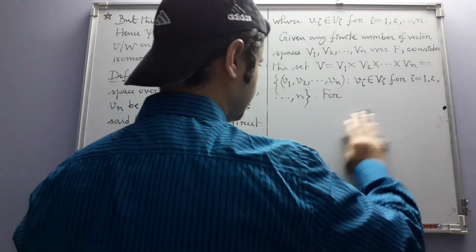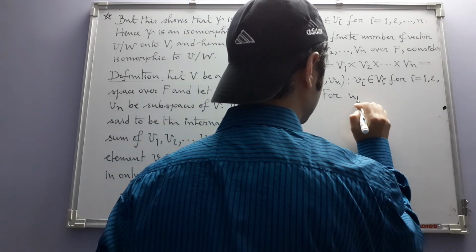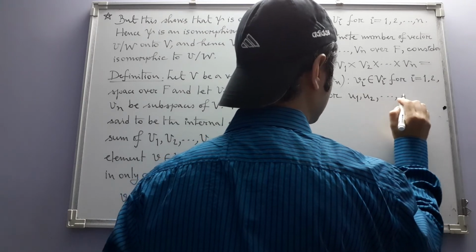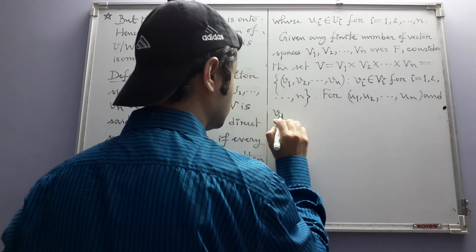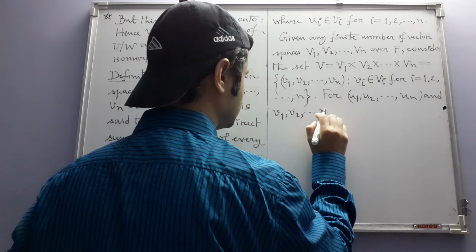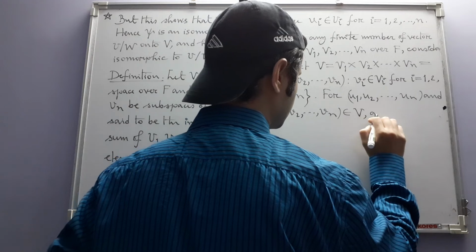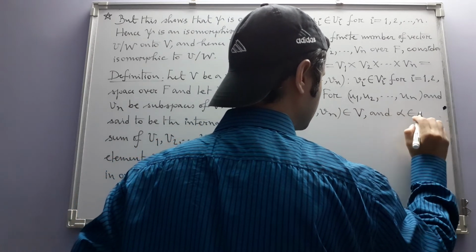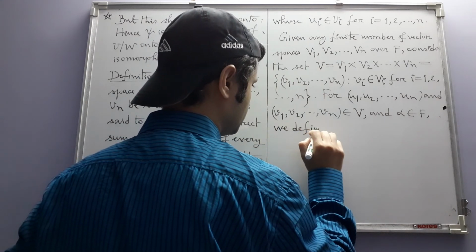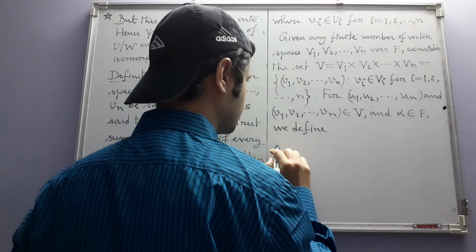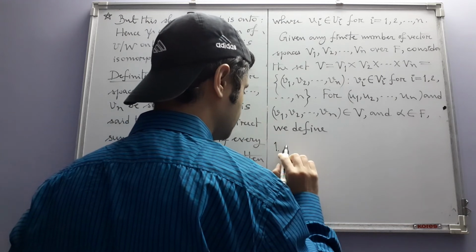Okay, now we are going to define the operations. For u1, u2, etc. up to un and v1, v2, etc. vn in V, we define their sum. First of all, number 1.